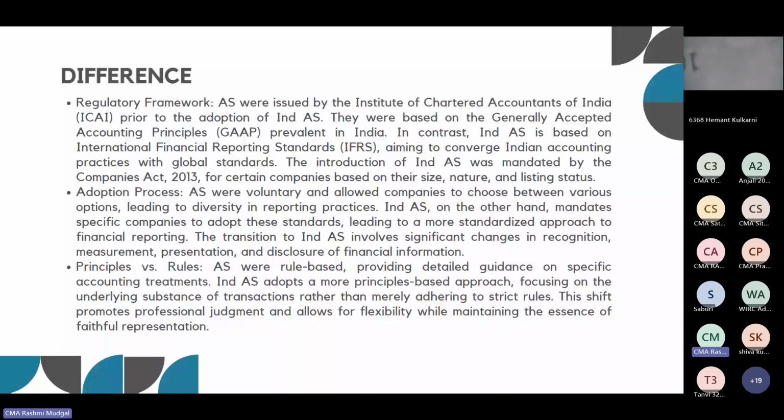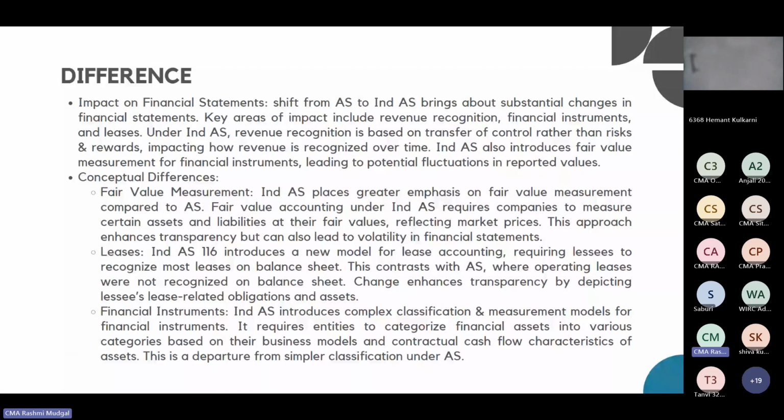Okay, so next comes the impact on financial statement. What is the impact on financial statement? First, the shift from AS to Ind AS brings substantial changes in financial statements. Key areas impacted include revenue recognition, financial instruments, and leases.